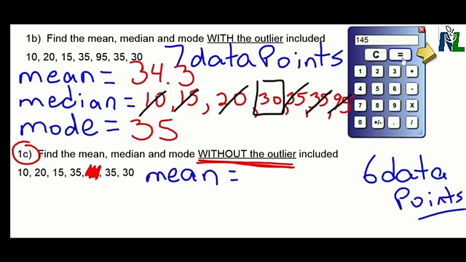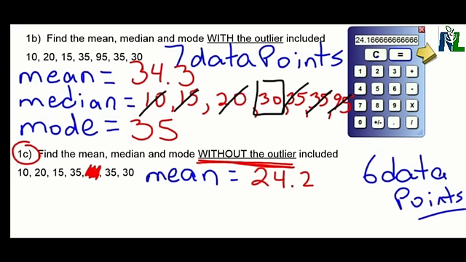That gives us a value of 145. Then we're going to take that and divide by 6. Rounding to the nearest tenth, that is 24.2, or 24 and 2/10.